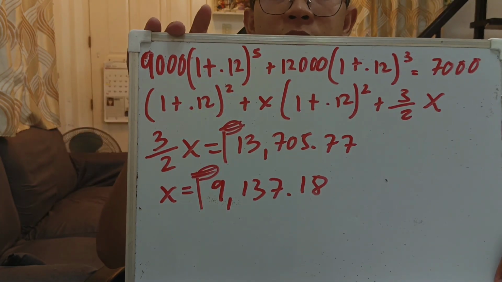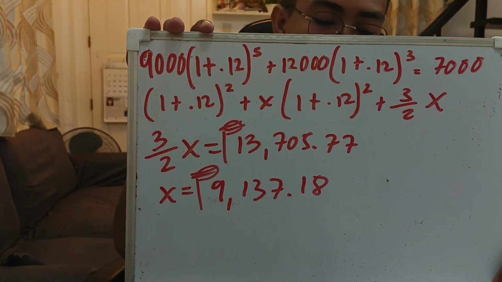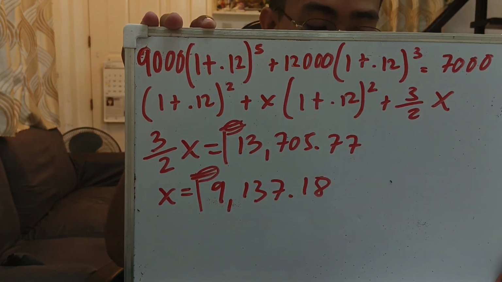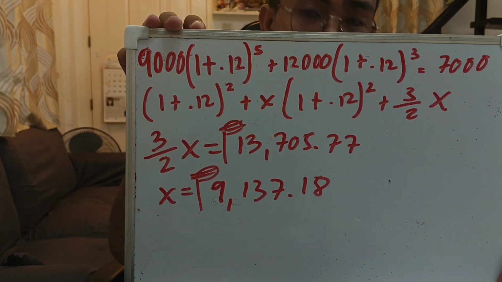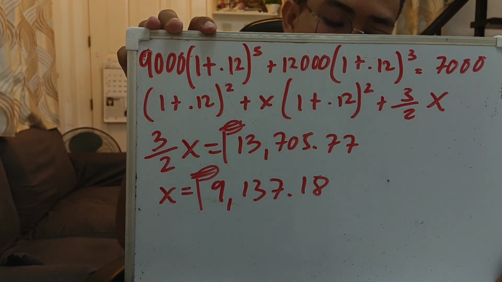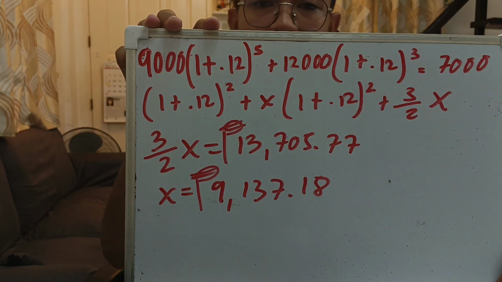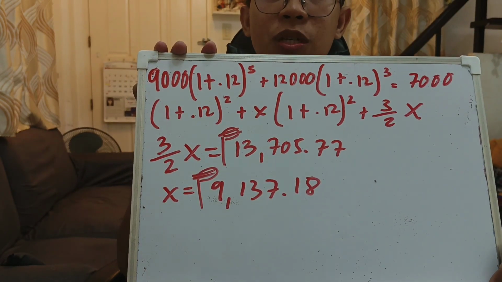You can use shift solve in this, and you will be arriving at 3 over 2x is equal to 30,705.77, and so for x in this one, you will be arriving at 13,705.77 pesos.